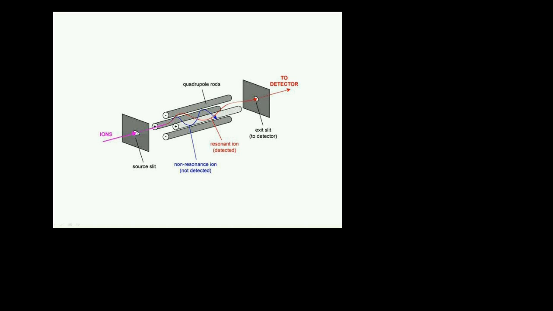What you have to keep in mind, though, is that if you look at this drawing here, all the ions go into the quadrupole, but only one at a time goes through. This is the one that has the red color on it. All the other ions go to the rods, they hit the rods. Most of them hit the rods at the very beginning, so contamination can start building up at the initial section of the rod.